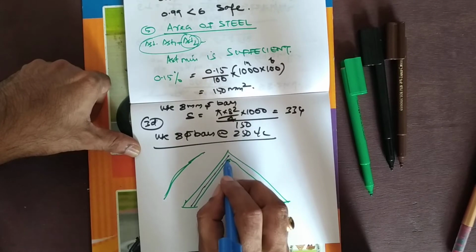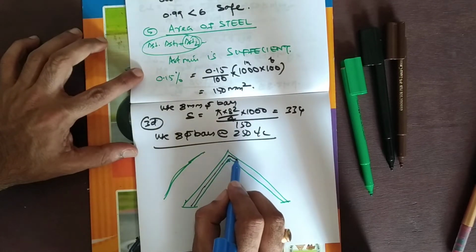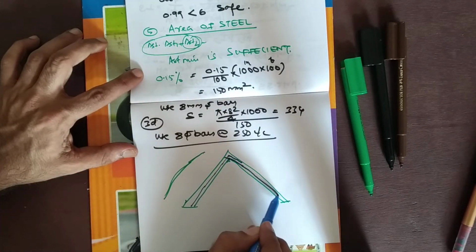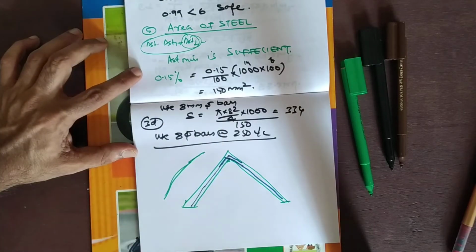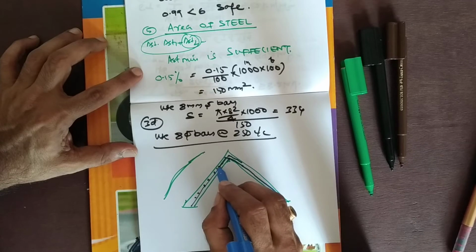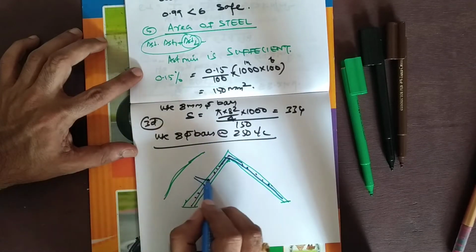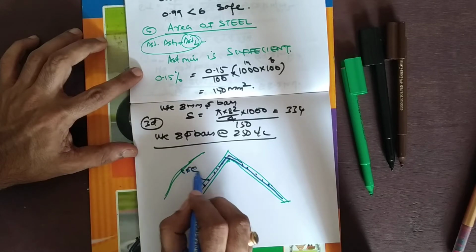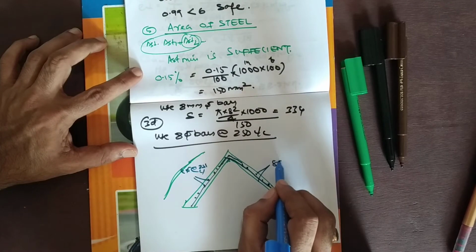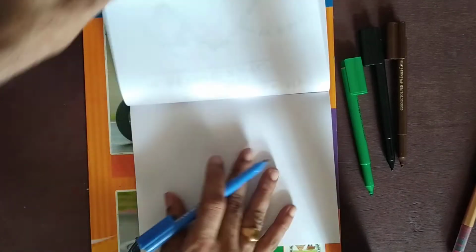Okay, because here the stress concentration is more, what we do is we will just bend it like this here, and this bar will come here to the center and you will bend it here actually. So both are 8 dia at 250 center to center. This is also 8 dia at 250 center to center.